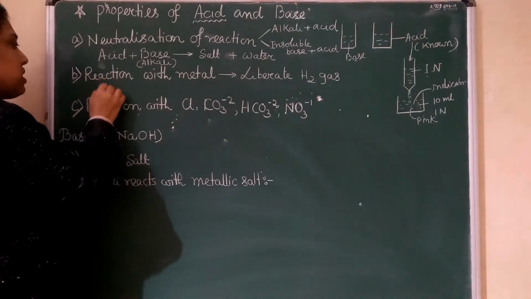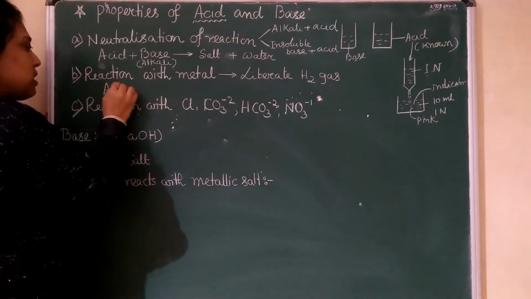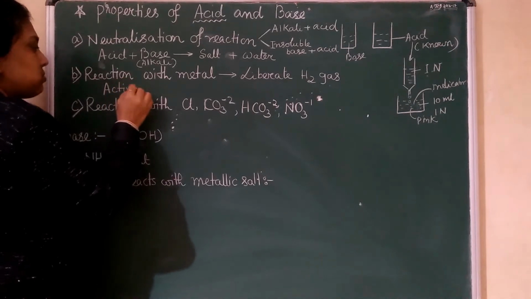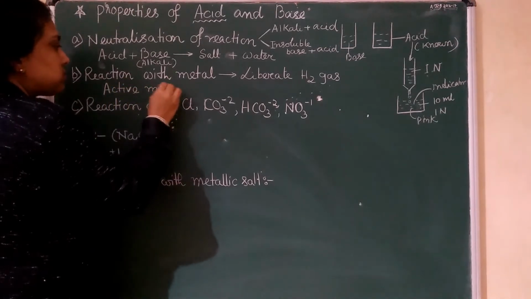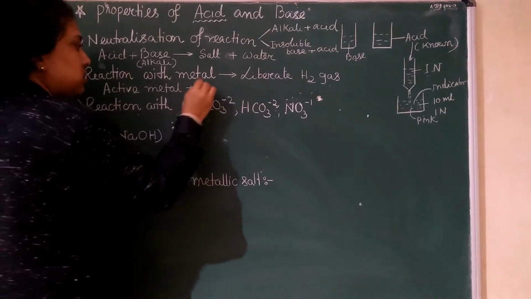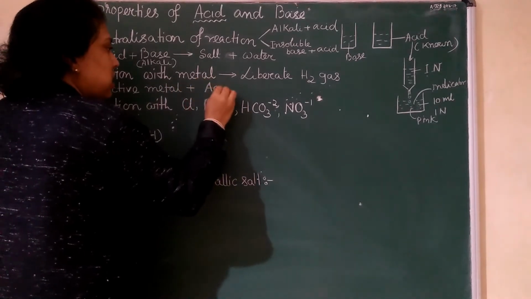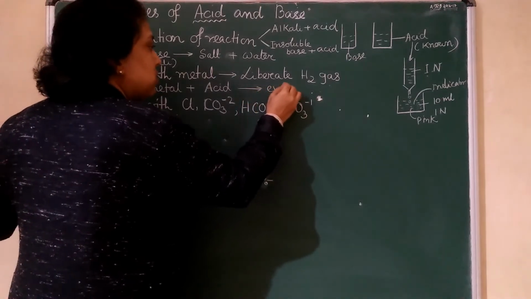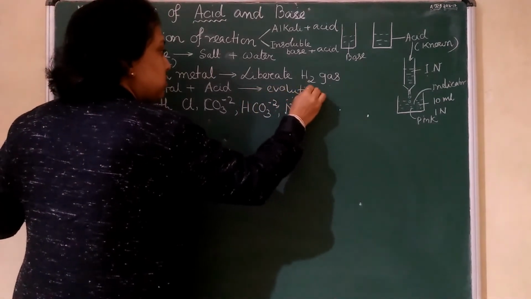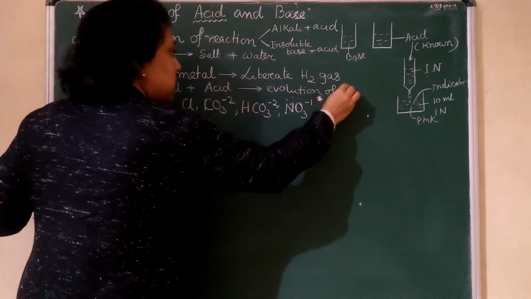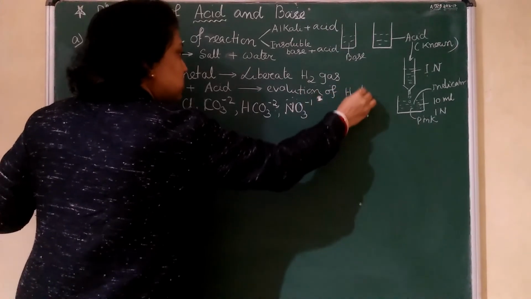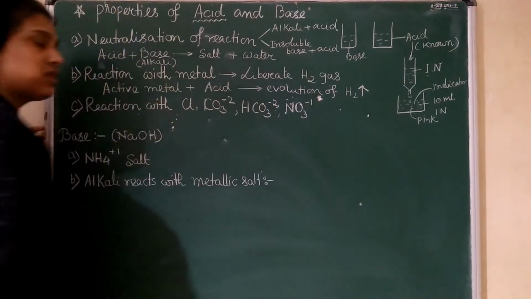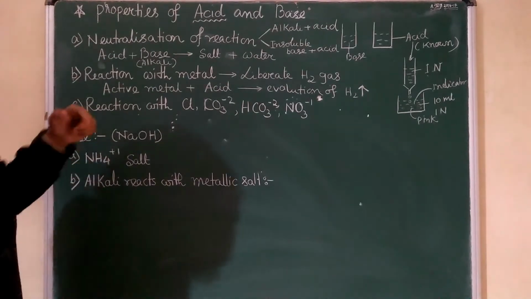So when an active metal reacts with acid, there will be evolution of hydrogen gas, when it is upward; precipitate when downward.